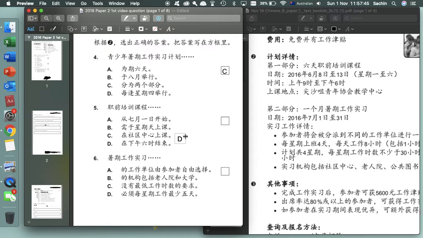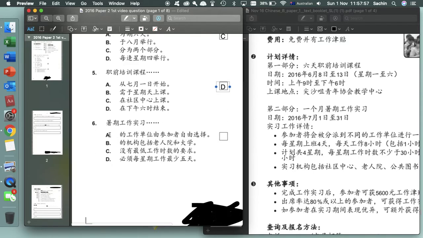So, and the third question, which is the summer work experience. So this is talking about the second part. And we see here we've got A, which is the work done way, or like single workers can freely choose what option they want.